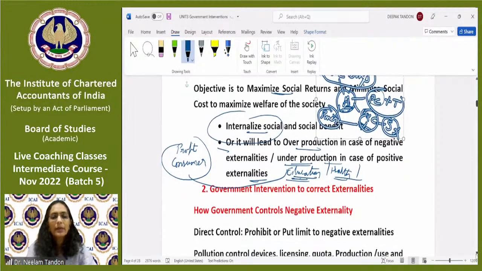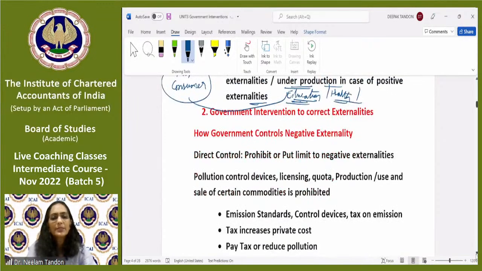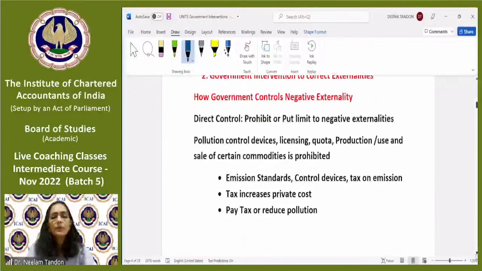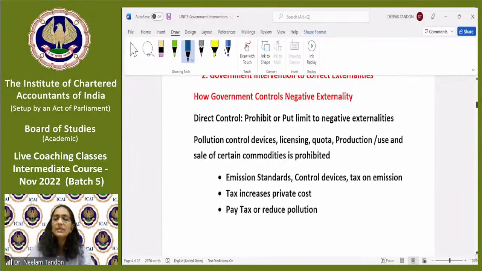We've already shared that government has to control negative externalities. So, BS6 norms, the scrappage policy in India for cars. If your car is more than 10 years old, it will go into scrappage. You cannot use it because it's going to create what? Negative externality. So the government is controlling it. It's creating pollution.